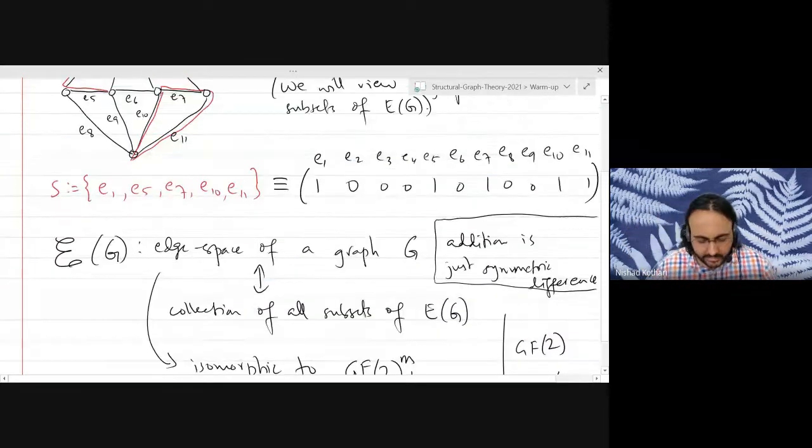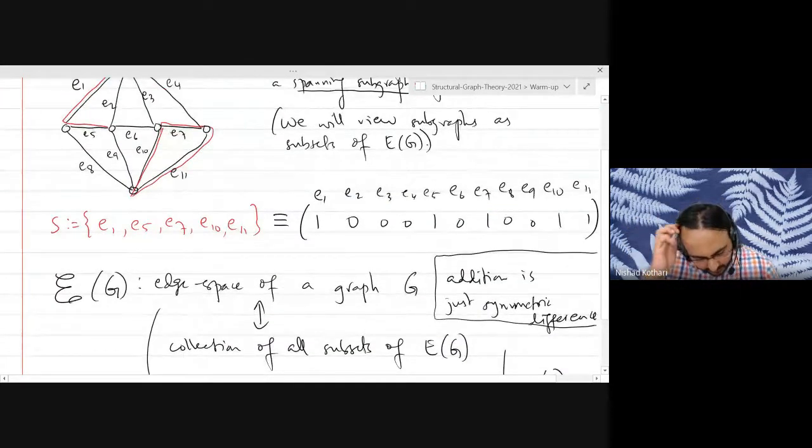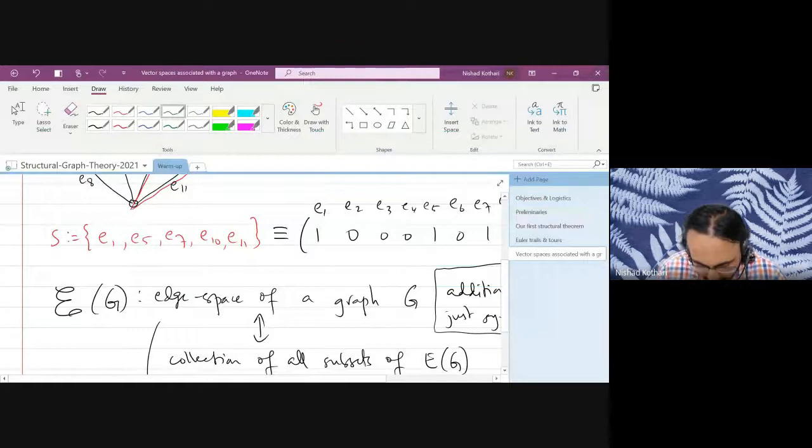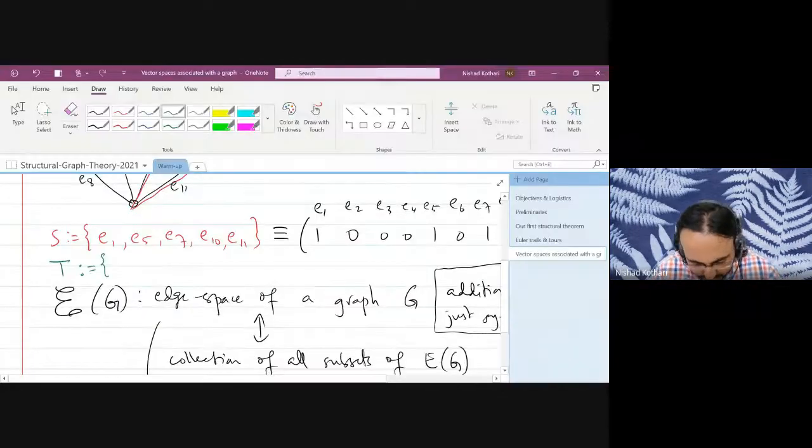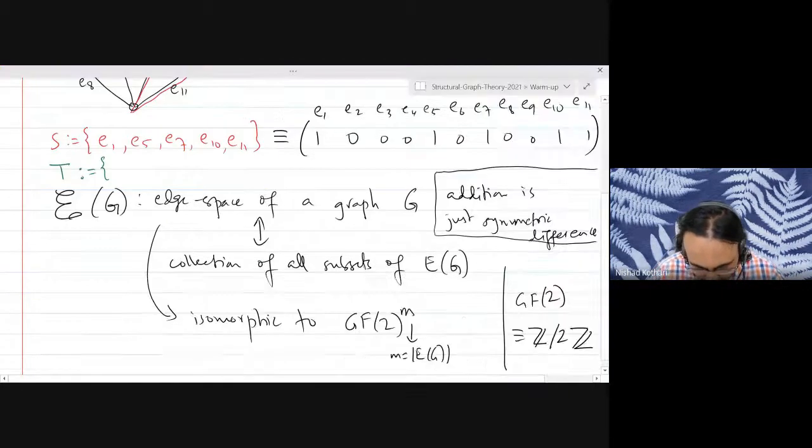Okay, so here we have one set S, and let me take another set T. Let me color it in green. Supposing I take the set T, and let's pick some green edges for our example.